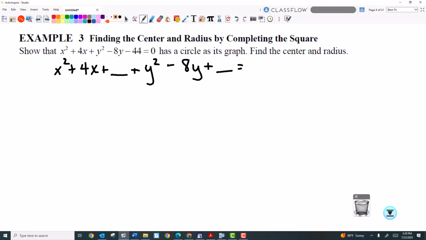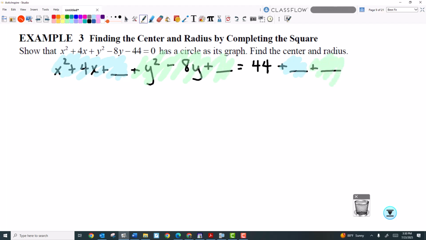We're going to move the 44 over to the other side, just like we would if we were just completing the square once. And then you fill in the blank, you take half the middle term, and you square it. So it's kind of like you're completing the square here, then here.